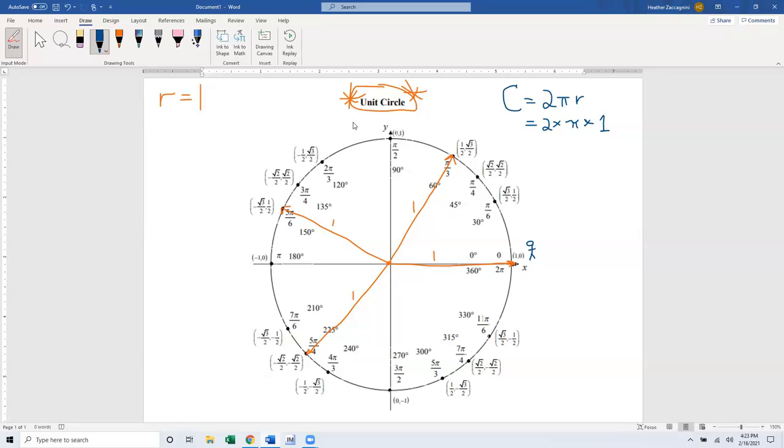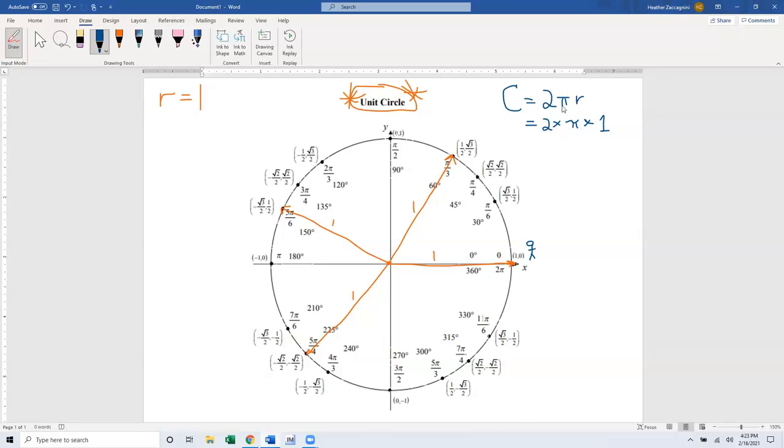Now, for the standard unit circle, units don't matter, like inches or feet or centimeters or meters or miles or kilometers. As long as they're linear, it could be anything. So if it helps you to think of this as 1 foot, for example, then go ahead and think of it that way. But really, it's not referring to 1 anything. It's just referring to the number 1.